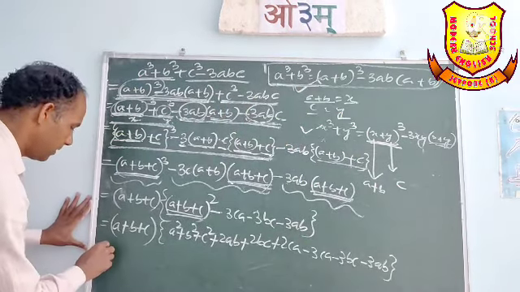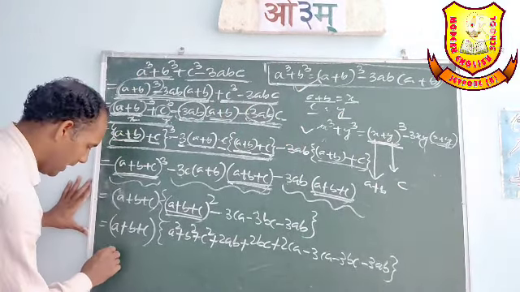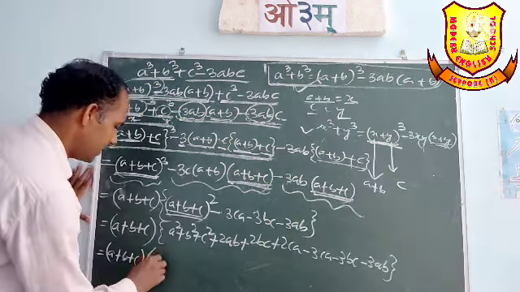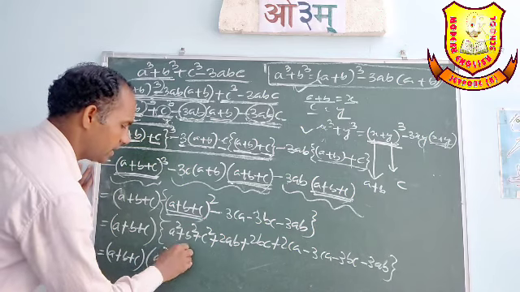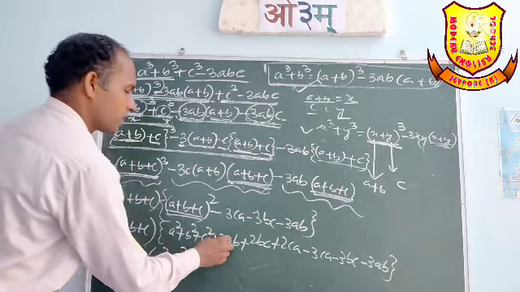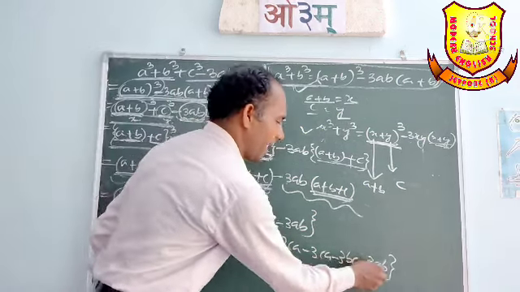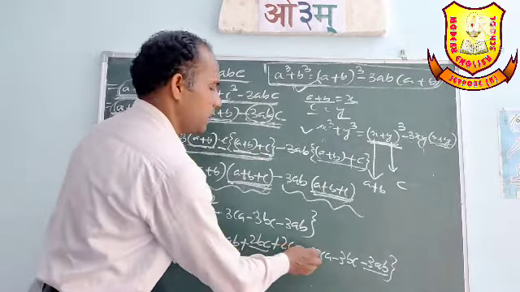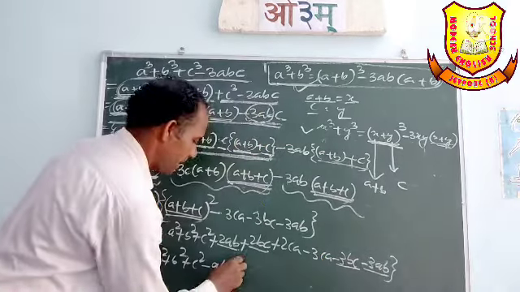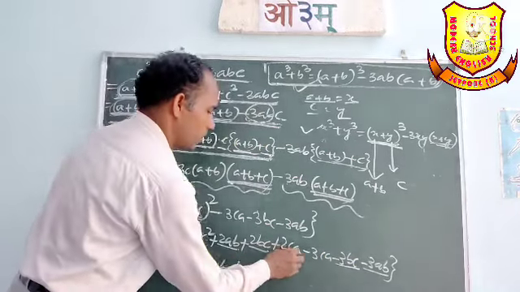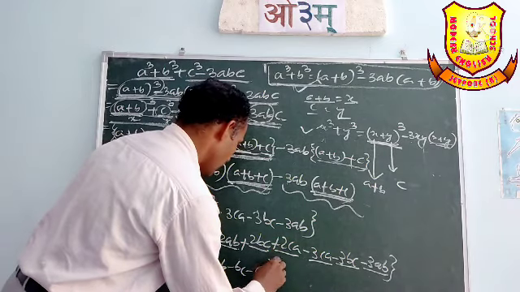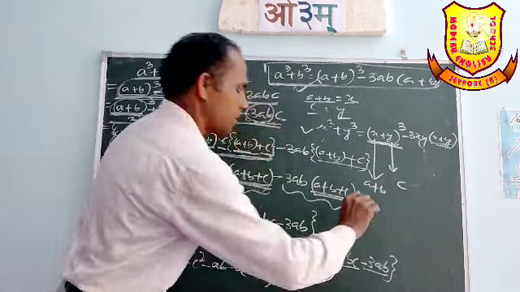Equal to (a plus b plus c) whole into a square plus b square plus c square, plus 2ab minus 3ab, that is minus ab, plus 2bc minus 3bc, minus bc, and plus 2ca minus 3ca, minus ca.